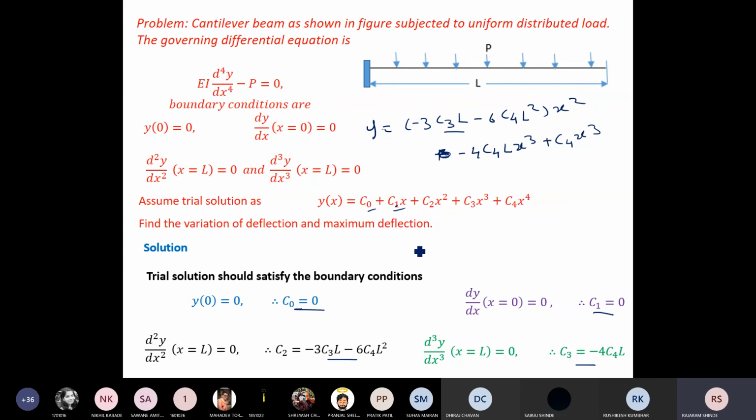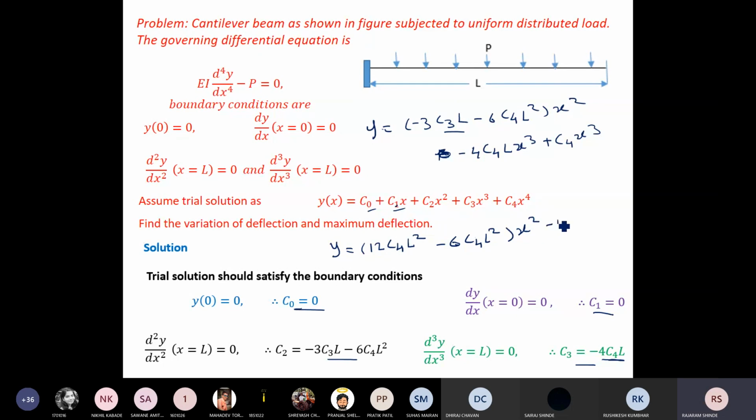It becomes y is equal to, I have replaced this c3 by this one: minus 3 times minus 4c4L square, that is plus 12c4L square, minus 6c4L square, into x square.